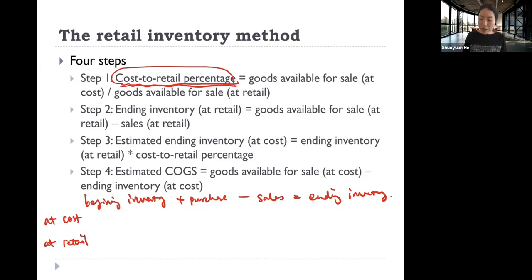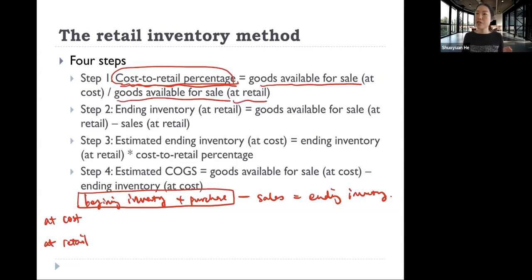We're going to use goods available for sale at cost. If you still remember, what is goods available for sale? This is our beginning inventory plus purchases. Those are the goods available for sale. So we need to know the cost of the goods available for sale, and the goods available for sale at retail, which just means the current selling price of those goods.